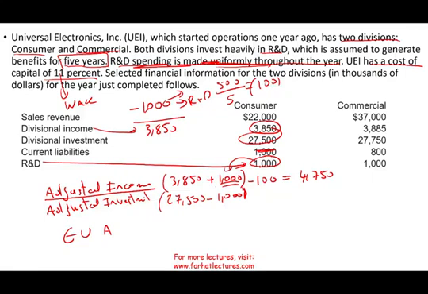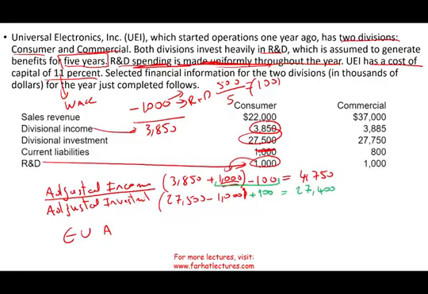The difference, this $900, has to go somewhere. It is no longer an expense, so it's added to our assets, because now this R&D is capitalized. Now I have my adjusted capital, which, if we do the computation, is $27,400.